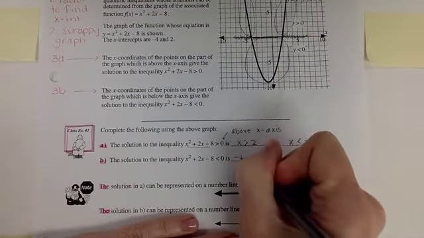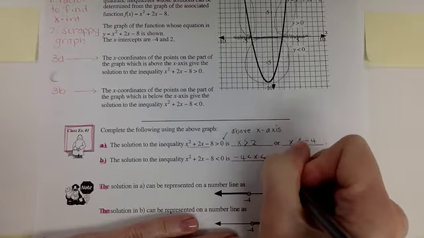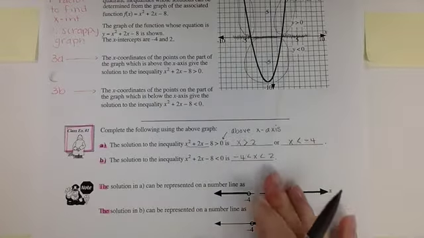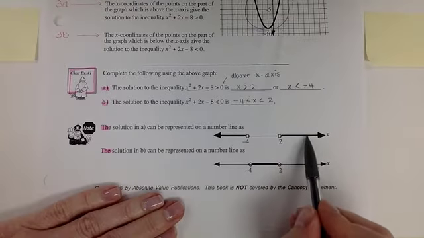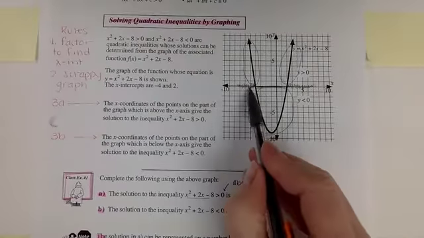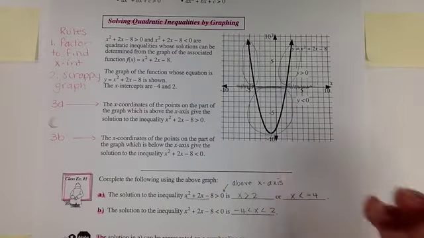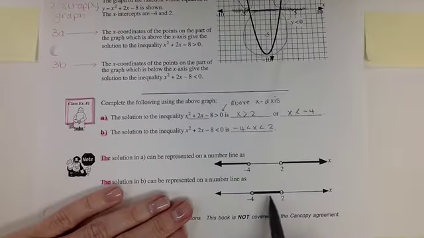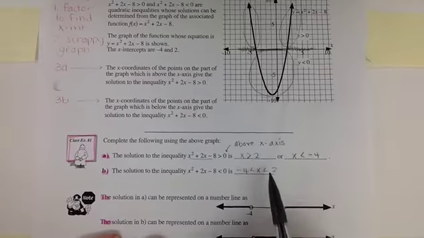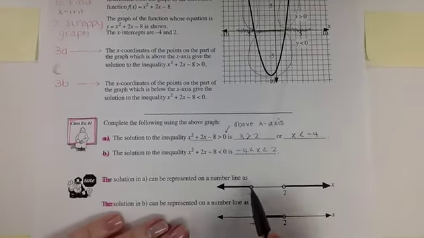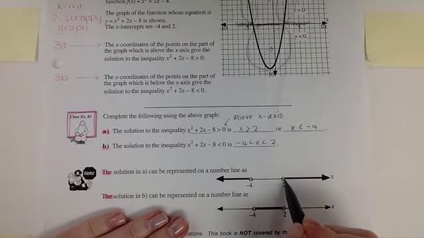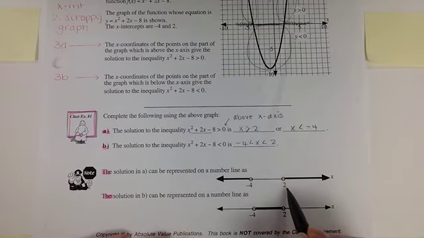So -4 less than x less than 2. They're going to show that here on a number line. So notice that is sort of what we scribbled in here for A and B. They'll use the open circle because it is not including the -4 or the 2 in either of those cases.